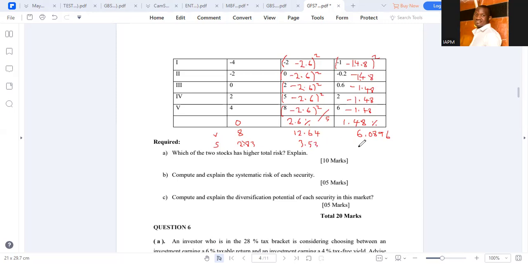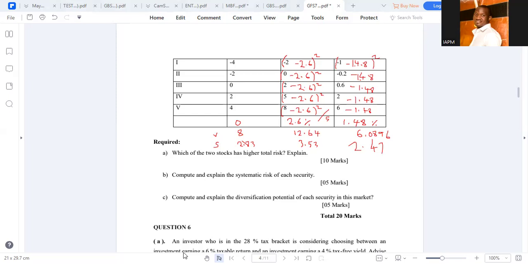And here, that's what? 6.0, 2.467. 2.47. So what would our conclusion therefore be?